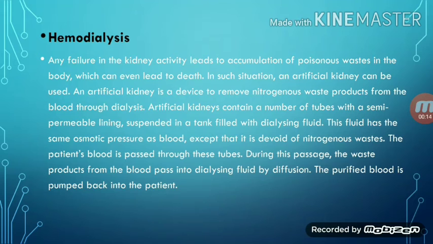Also we have to study hemodialysis. Any failure in kidney activity leads to accumulation of poisonous waste, that is nitrogenous waste, in the body, which can even lead to death. In such situations, an artificial kidney can be used. An artificial kidney is a device to remove nitrogenous waste products from the blood through dialysis.